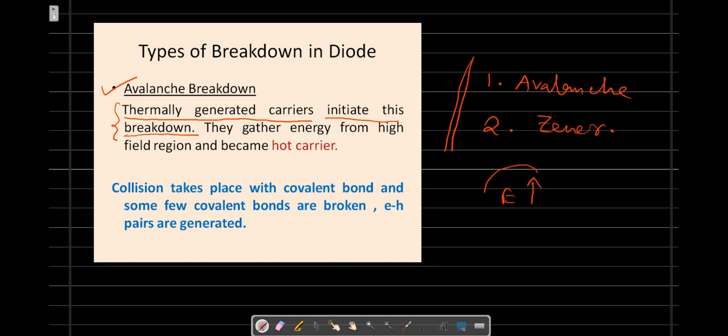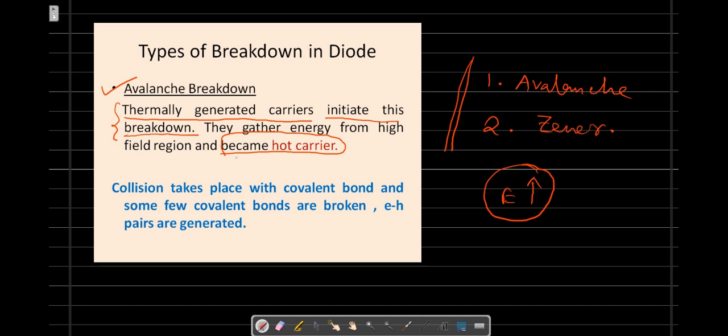Due to the presence of this high electric field, those carriers absorb energy from that electric field region and their energy becomes very high, and they are termed hot carriers because their energy is very high.